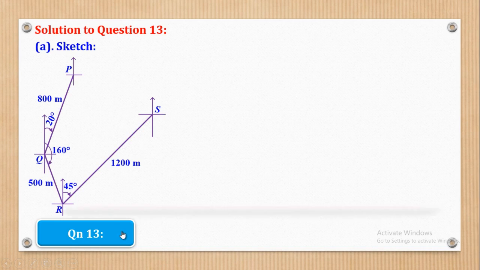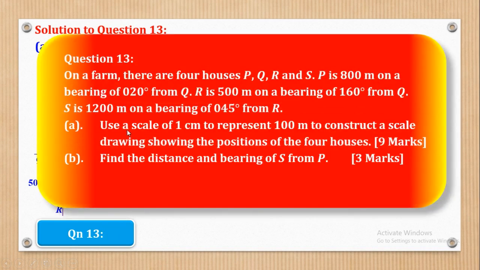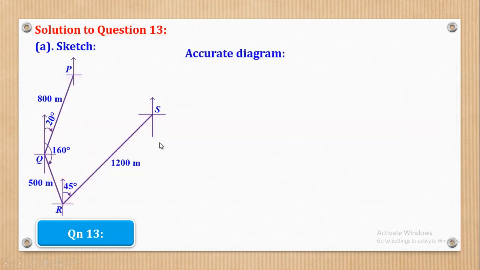But before you draw accurately, you have to remember we are told to use a scale of 1 centimeter to represent 100 meters. So before we do anything, we first convert. QP is 800 meters, and 1 centimeter represents 100 meters, therefore 800 meters is equivalent to 800 over 100, which is 8 centimeters.